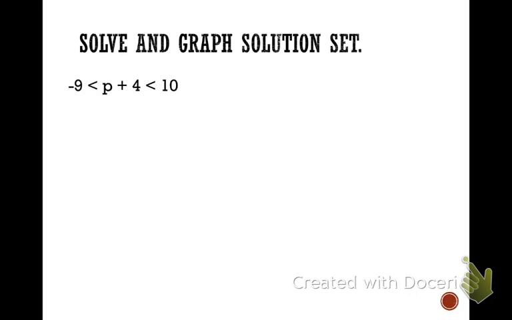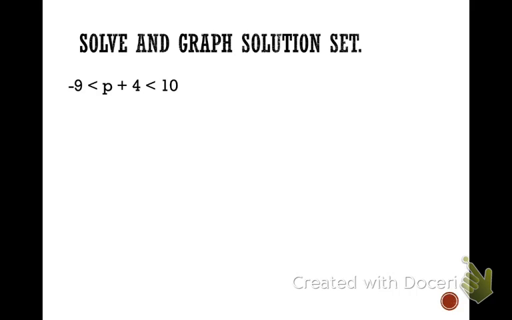So whenever we actually solve this, if I have negative 9 less than p plus 4 less than 10, AND statements are so much easier to solve, because whatever I do to the middle, I do to the left and I do to the right. So I don't write it out as two separate problems.